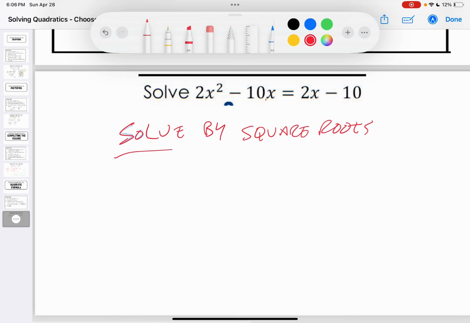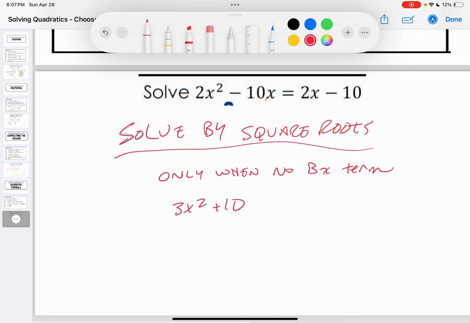You may just want to jot this one down: it's only when there's no bx term. So 3x squared plus 10, for instance, or x squared plus 100. Again, that bx term isn't there, that negative 10x term isn't there. If that's there, we can't use the square root method, but if it isn't, it makes for a really, really quick problem.